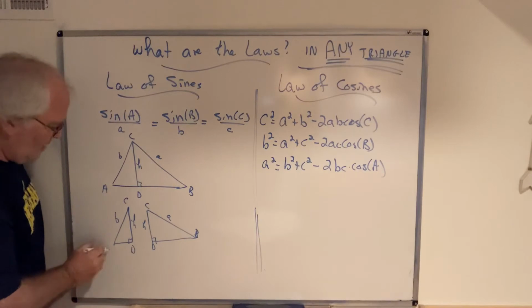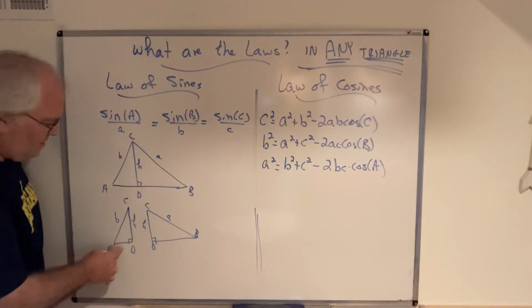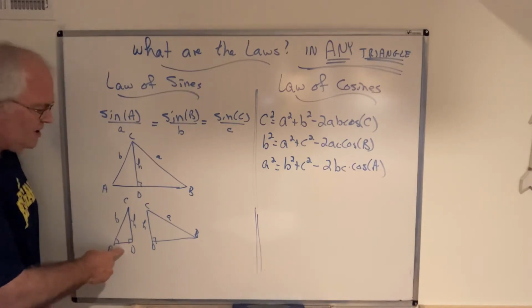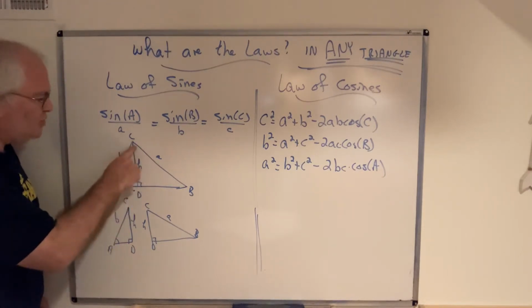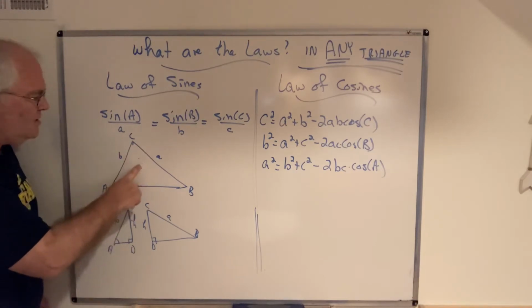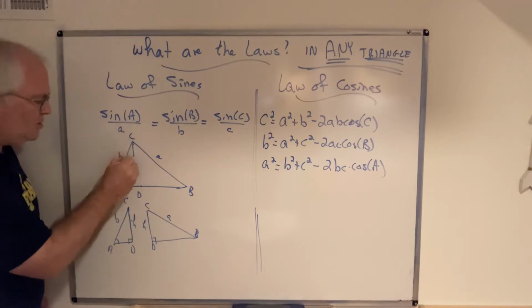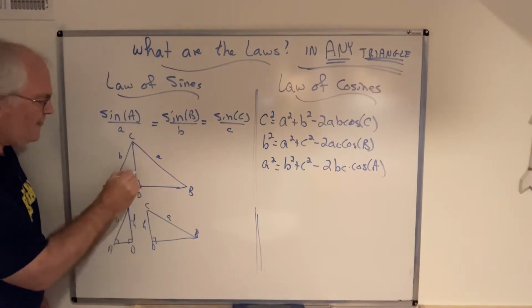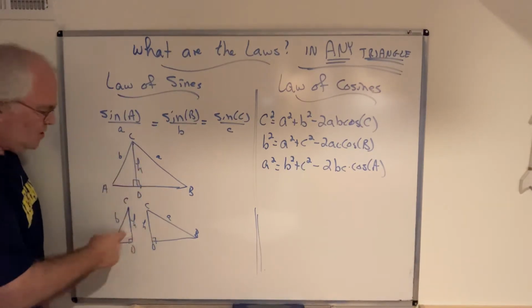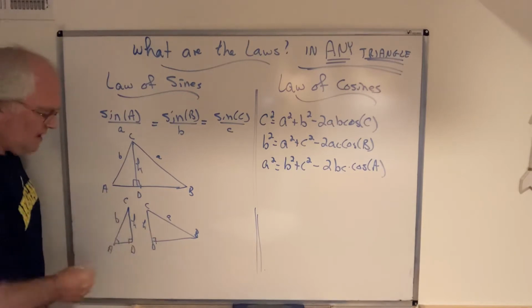Now, we know in this triangle, look at angle A, sine of A. This is a right triangle, so we do get to use SOHCAHTOA. In the original triangle, we don't get to use SOHCAHTOA because we don't know for sure this is a right triangle. But as soon as you drop this perpendicular and break these two pieces, each of these is a right triangle.